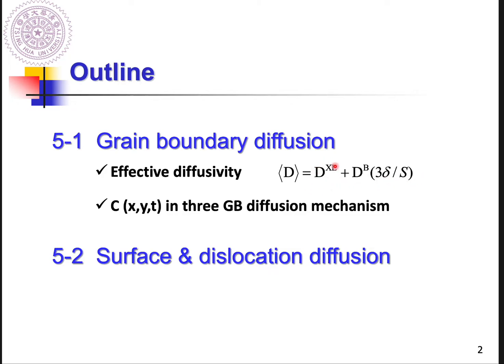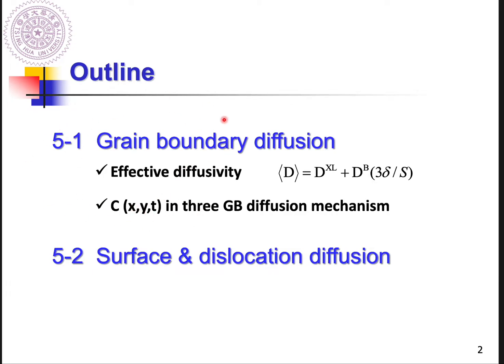So in this case, we consider the diffusion in the grain and in the grain boundary, and we need to consider the volume fraction of the grain and of the grain boundary. Next, we are going to show you how to obtain or measure the concentration profile as a function of location and time in three different grain boundary diffusion mechanisms.